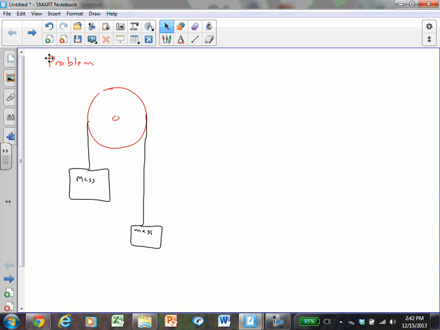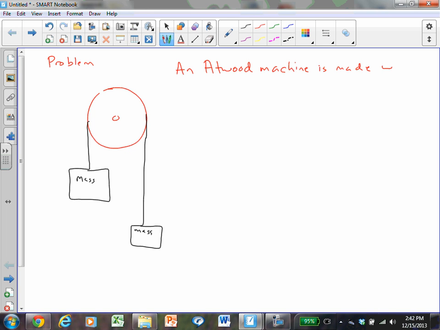So in this problem, which I'll write out here, an Atwood machine is made with a 20 kilogram block on one side and a 2 kilogram block on the other side.